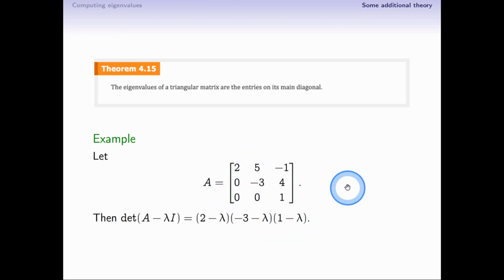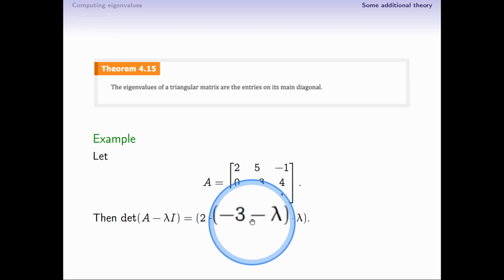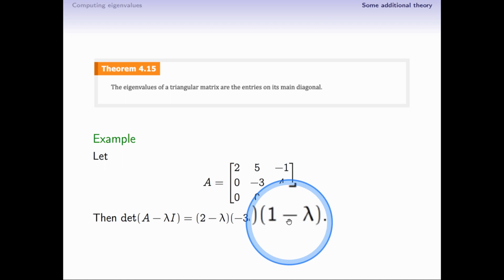The key observation is this: A minus lambda I is still upper triangular, and that means when we compute its determinant, we're simply going to get the product of its diagonal elements, and that's going to be 2 minus lambda times -3 minus lambda times 1 minus lambda.